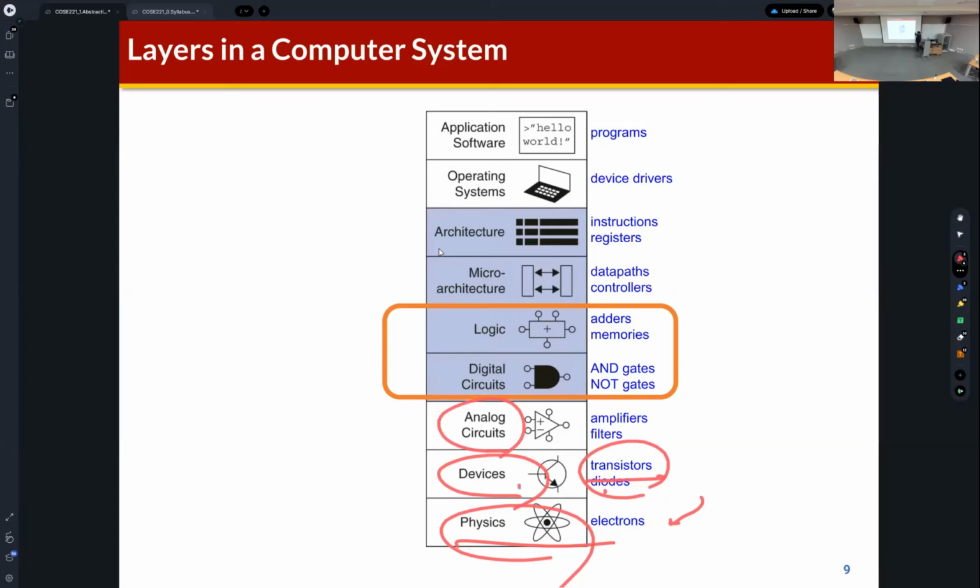If you look at computer hardware, it has layers. The very low layers are fundamental knowledge about physics, devices, or analog circuits. Above these layers, we have digital circuits. As I mentioned, we can implement digital circuits using transistors. But transistors are based on the knowledge of electronic physics, so it's very complex.